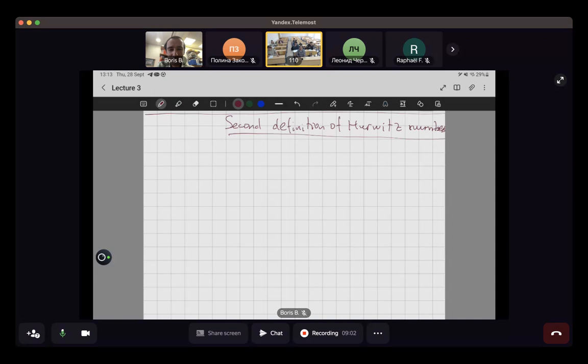This I depicted here like this, D preimages. And simple critical values mean that two of these preimages are glued, so they coincide. So here I have something like this.